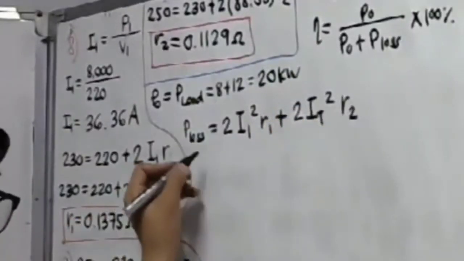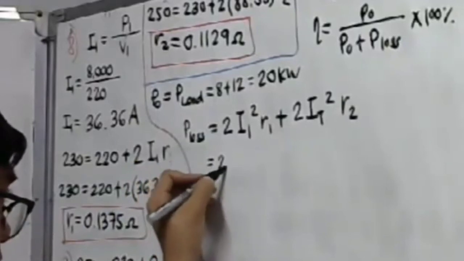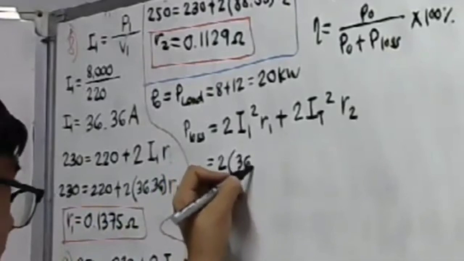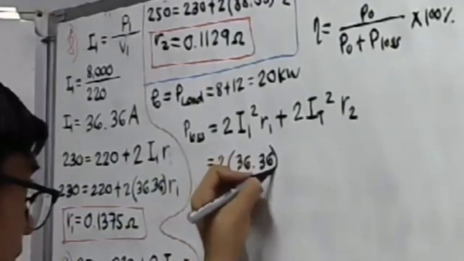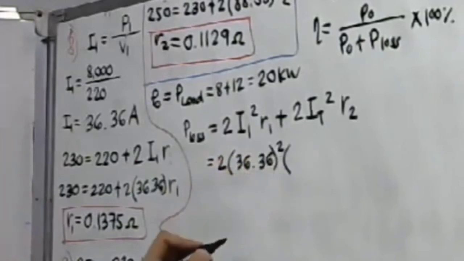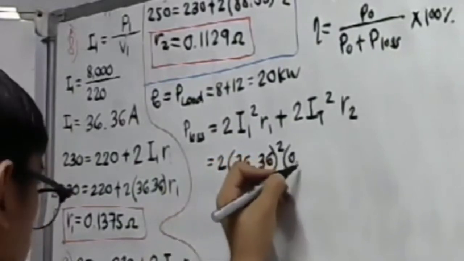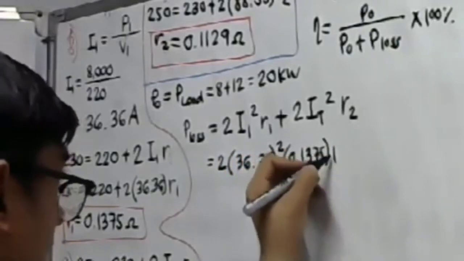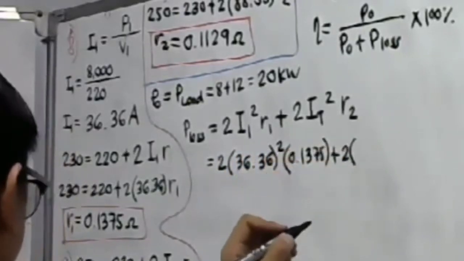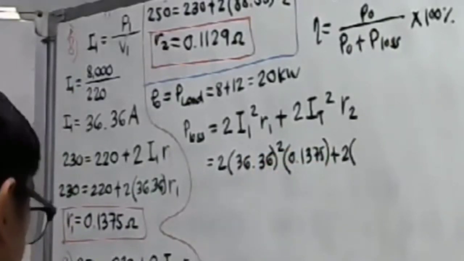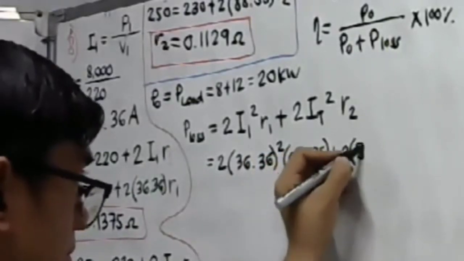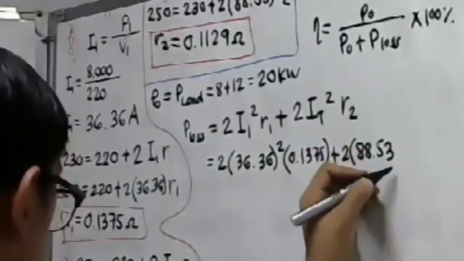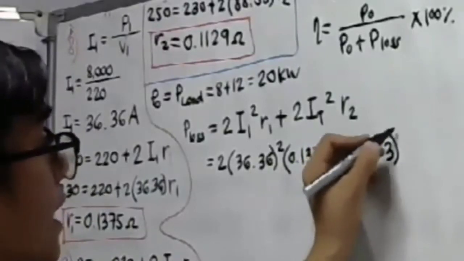Okay. So let us substitute all the values. Twice, what is our I1? 36.36 quantity squared, then R1 is 0.1375. Then plus twice I total. I total is 88.53 amperes, squared.